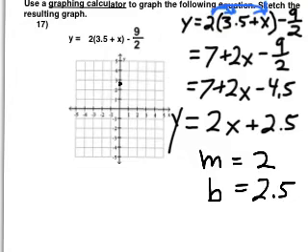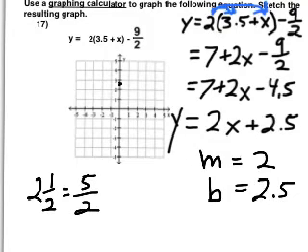Or you can change 2.5 into a fraction. 2.5, turned into an improper fraction, is 5/2. So I have to go up 5 and then over 2. So instead I'm going to make it a -5 over a -2.